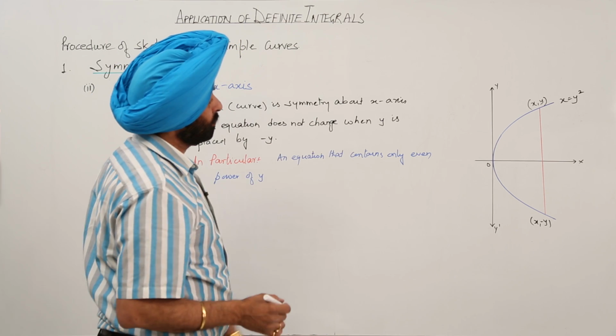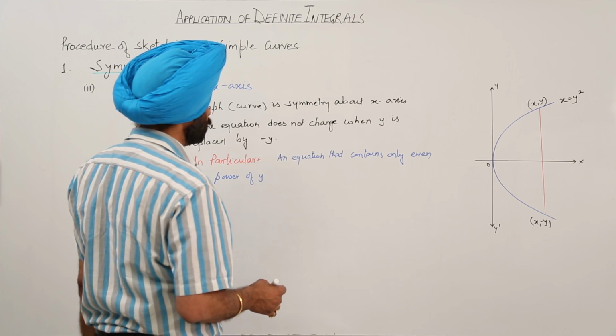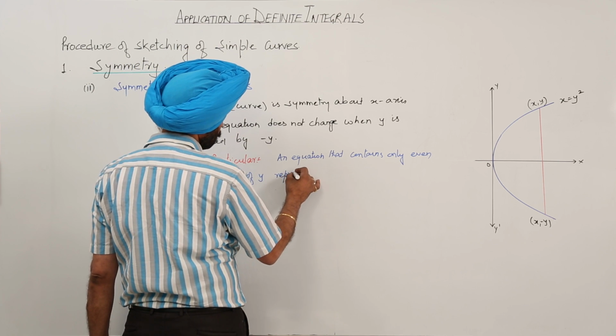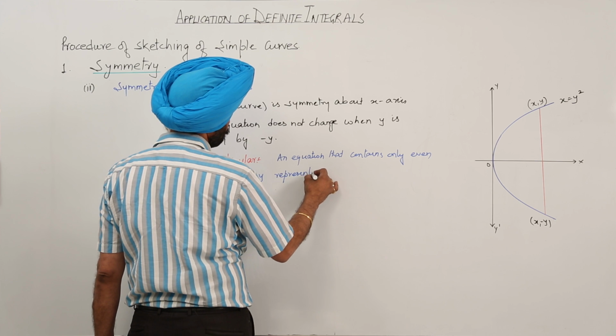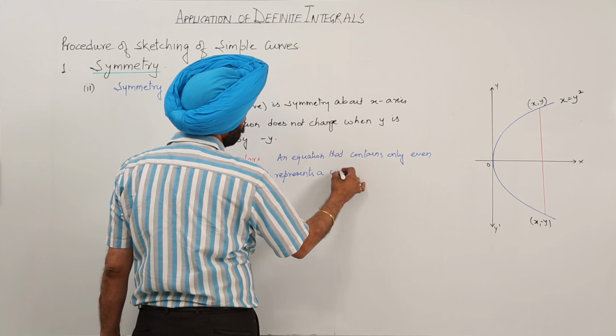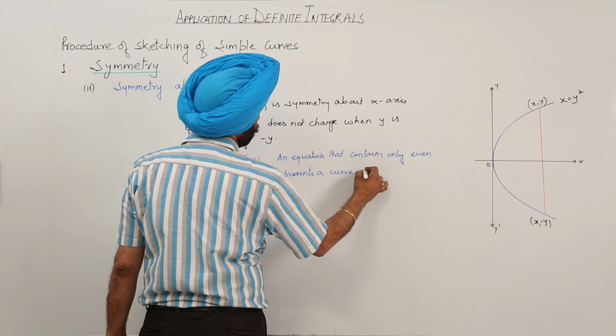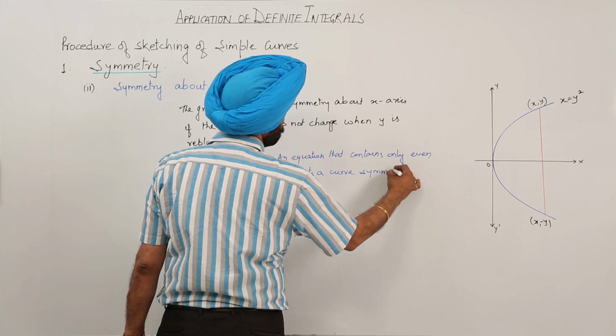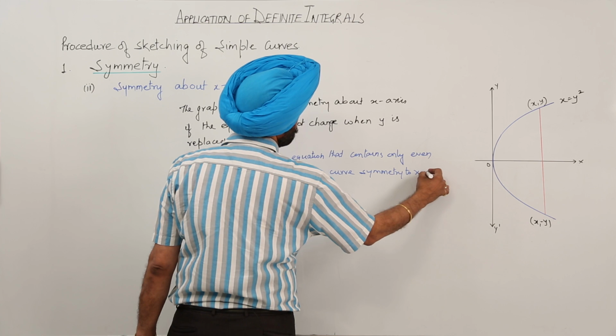Okay, we are having a graph x is equal to y square. Even power of a y represents a curve symmetry to x-axis.